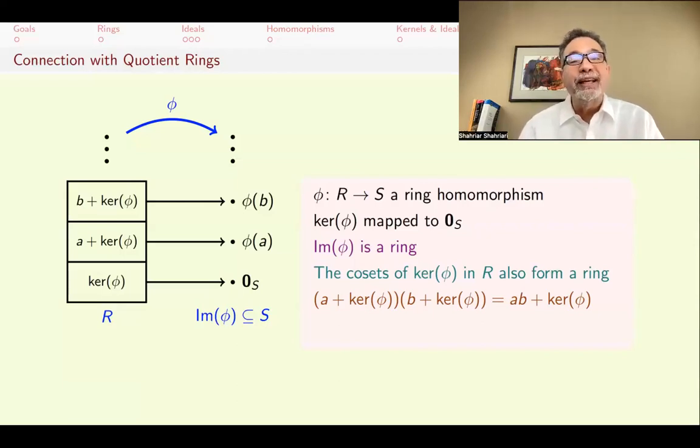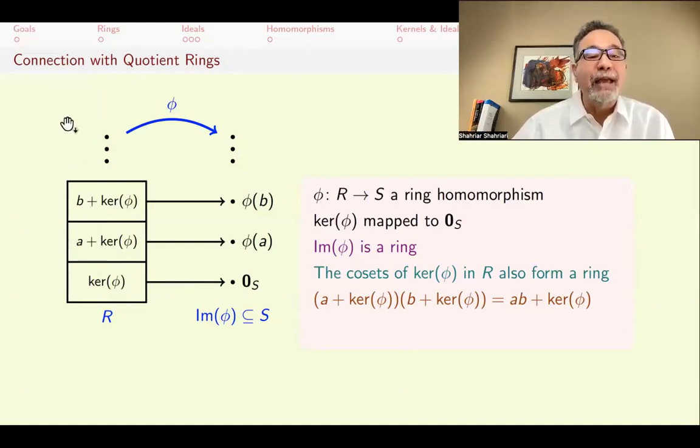AB plus kernel of phi is things in the kernel plus AB. But why are those the same? That doesn't necessarily have to be the same. The reason it's the same, and the reason we have this multiplication on the left, is that if we multiply phi of A and phi of B, we get phi of AB, so we can multiply the cosets on the left as well.